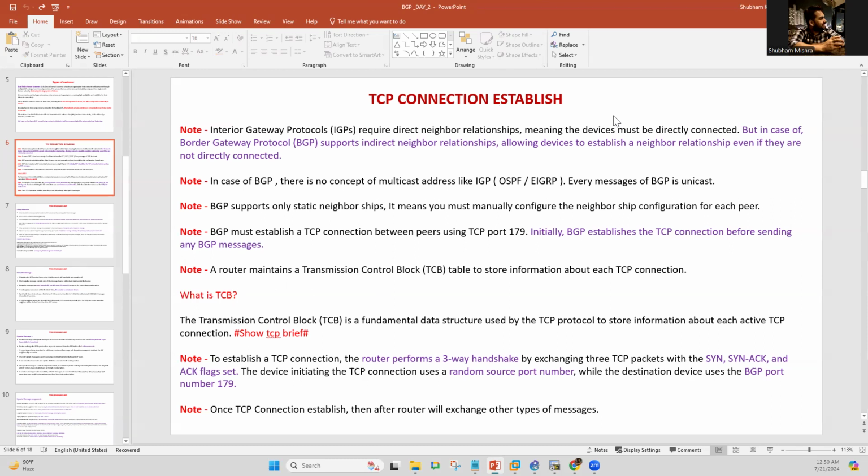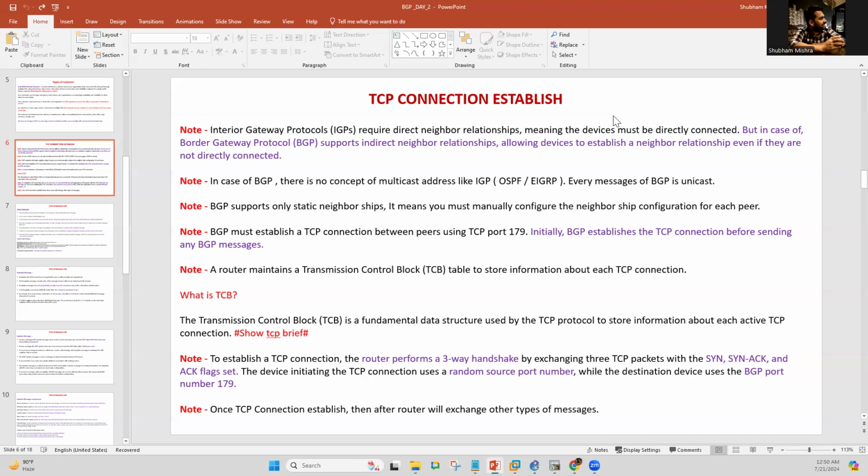Now, the first question is how the router ID will be elected in BGP. The election criteria is exactly the same as OSPF. First of all, the router will check the manual configuration.